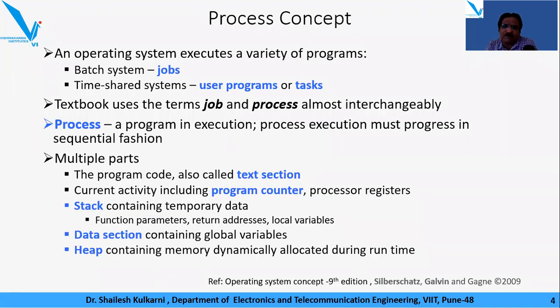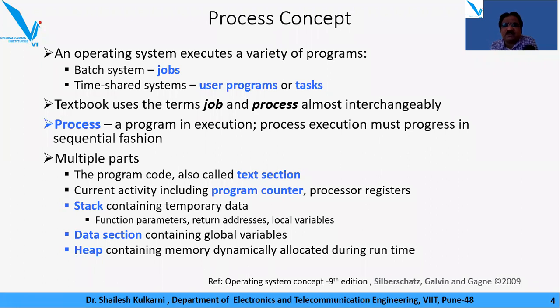So let's revise. A process is nothing but an executable entity, a self-sustained entity in the memory, which has everything with which the operating system can process that particular execution portion in the memory, right? That is what is said to be a program in execution, called a process, where process execution must progress in a sequential fashion.